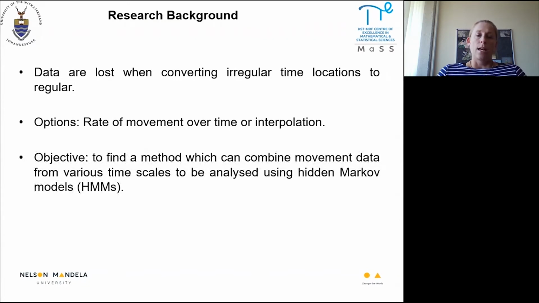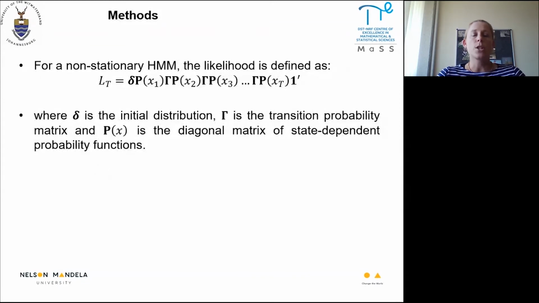So our objective for this particular area of the research was to find a method where you can combine the movement data from various timescales to be analyzed using the hidden Markov model framework, which requires these regular locations. So to give you a bit of the mathematics behind the hidden Markov model, for a stationary HMM, your likelihood function is defined as that equation that you can see on the screen, hopefully, where delta is the initial distribution.